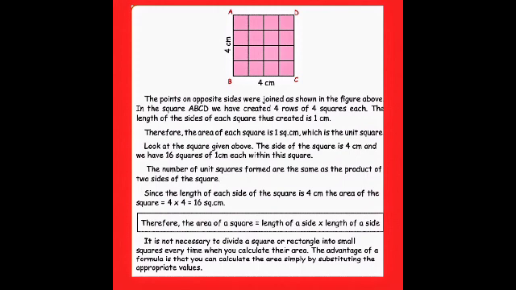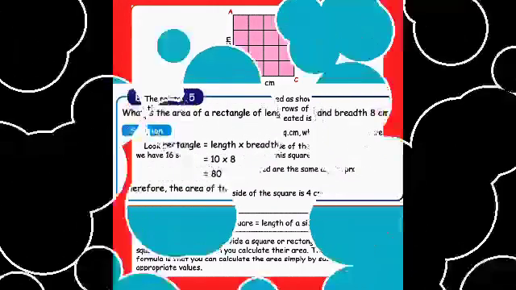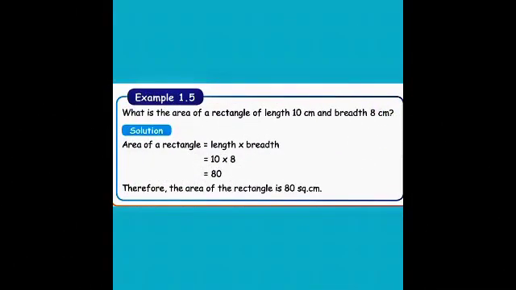Okay, let's see the example. We'll understand the sum and that formula. Example 1.5. What is the area of the rectangle of length 10 cm and breadth 8 cm? Area of a rectangle is length into breadth. That is the formula. Here length is 10, breadth is 8.